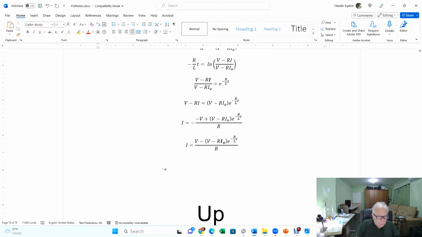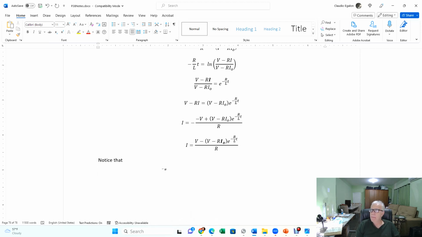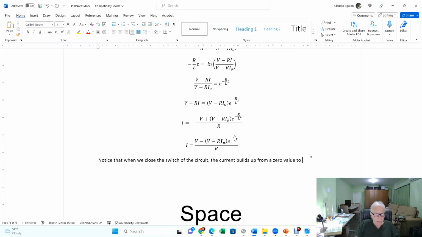So note that when we close the switch of the circuit, the current builds up from a zero value to a larger value.